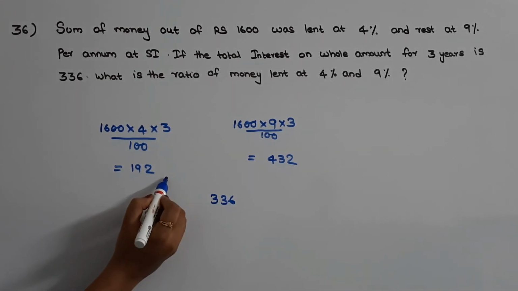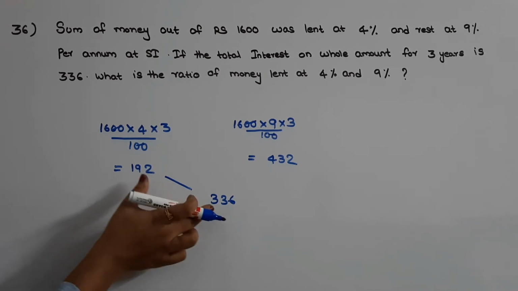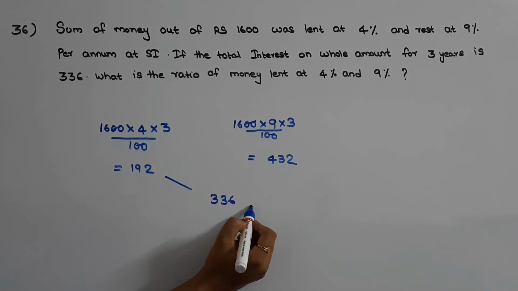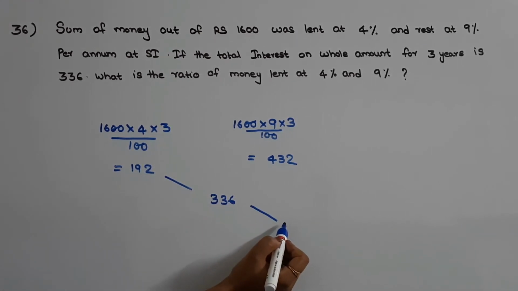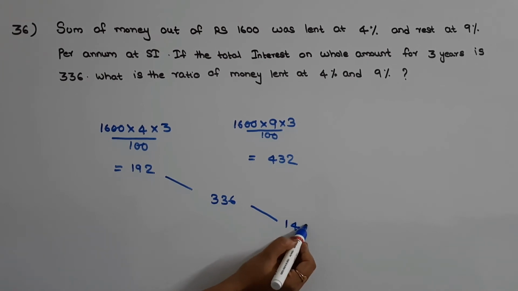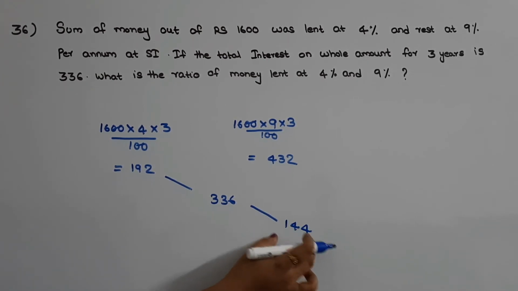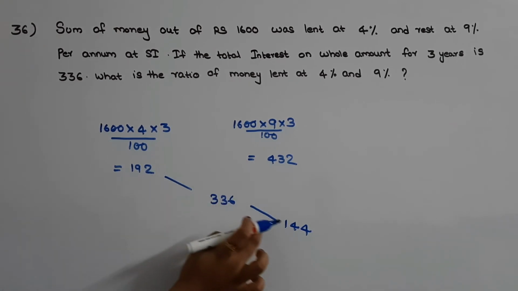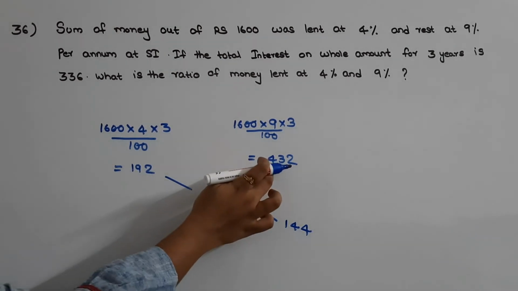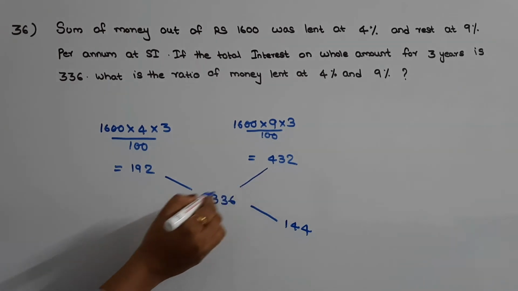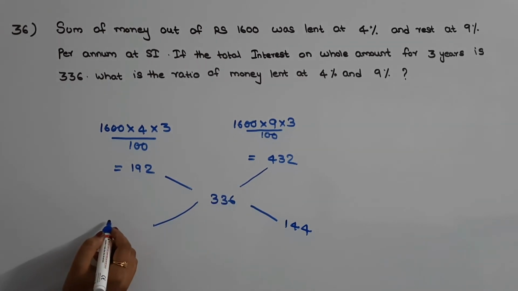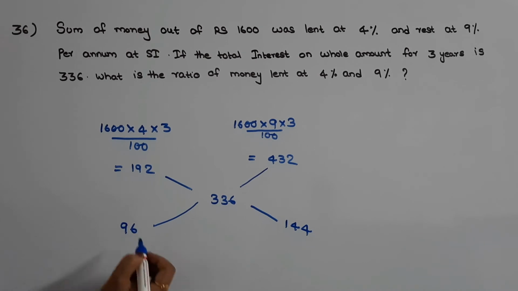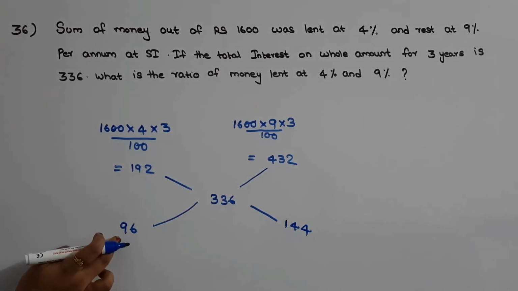Now you need to subtract diagonally. Subtracting this two, you will get the answer as 144. That you need to write here. Now subtracting this two, you will get the value as 96, that you need to write diagonally.